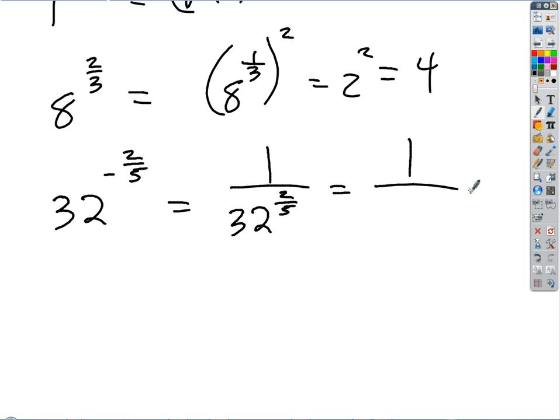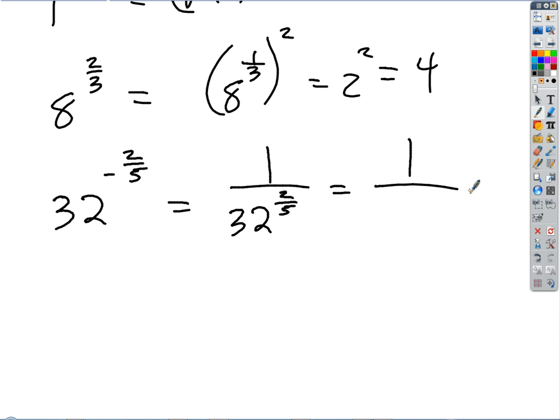Now let's take care of the 32 to the 2/5 part. What's the 5th root of 32, do you suppose? It's an integer. It's a nice answer. Picked a good one for it. 2. Yeah. 2 times 2 is 4, times 2 is 8, times 2 is 16, times 2 is 32, right?